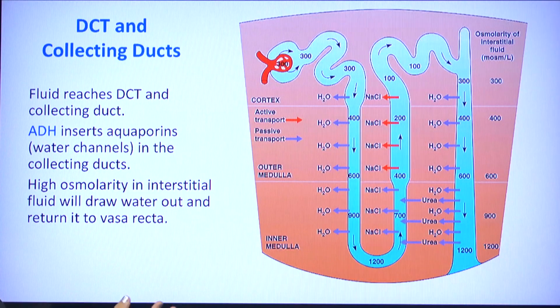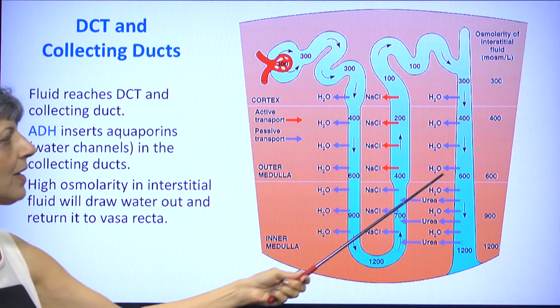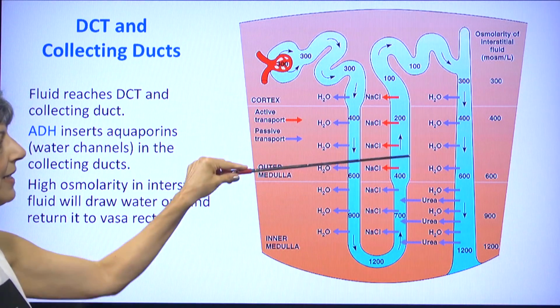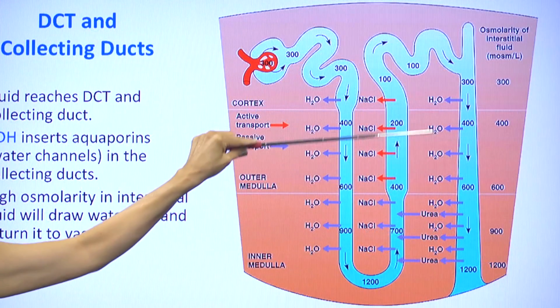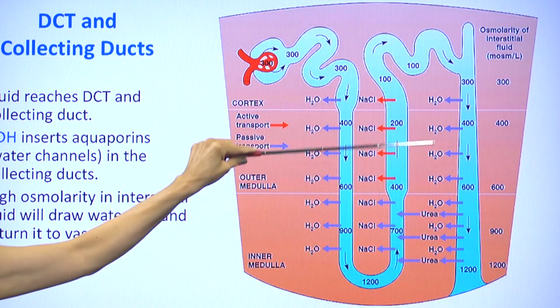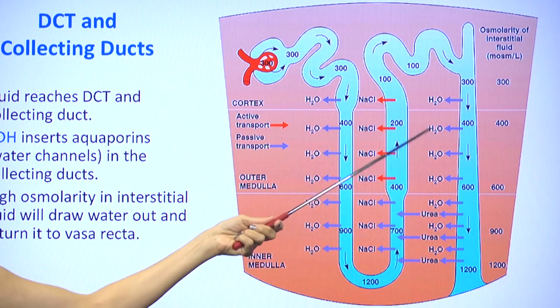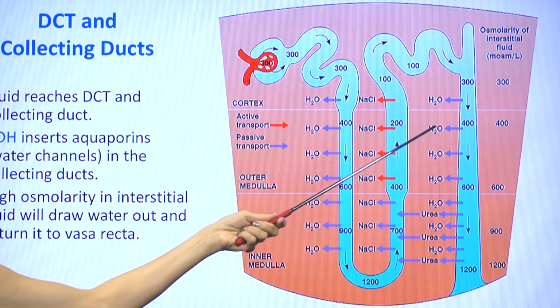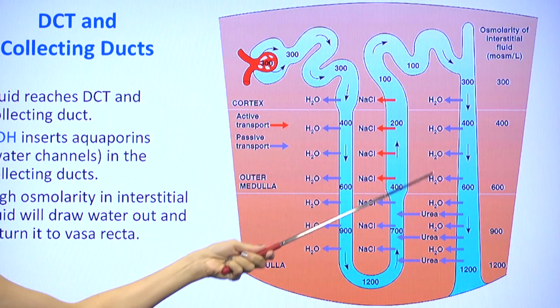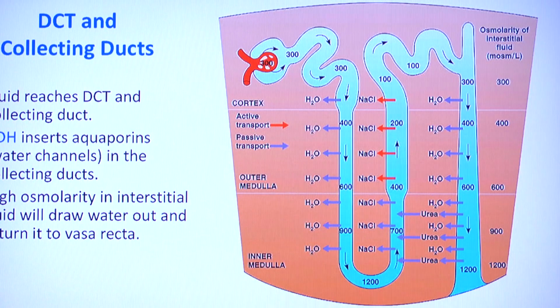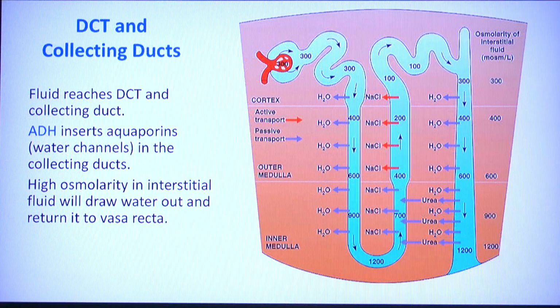What is the force that is going to pull the water out of my collecting ducts? It is this hyperosmolar interstitial fluid that we just mentioned, because this area is very salty. It will suck the water out, and this water goes back to the Vasa Recta. So we reclaim and we reabsorb a lot more of the water into the blood back again.